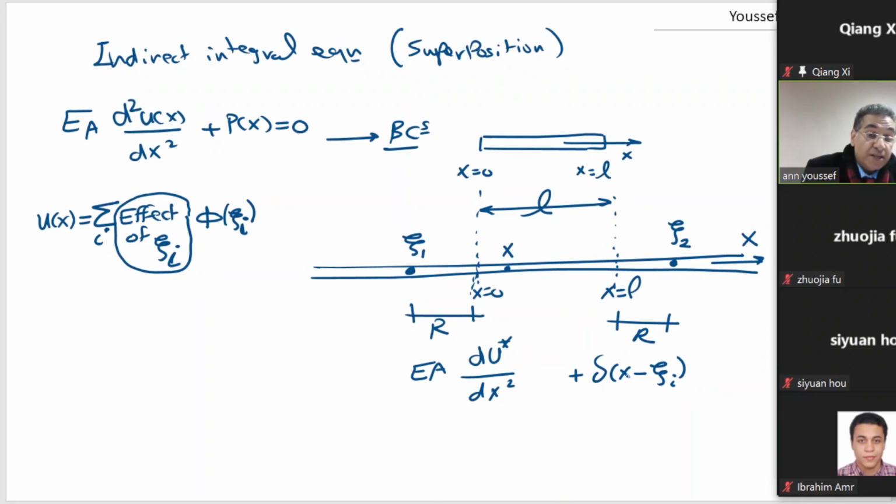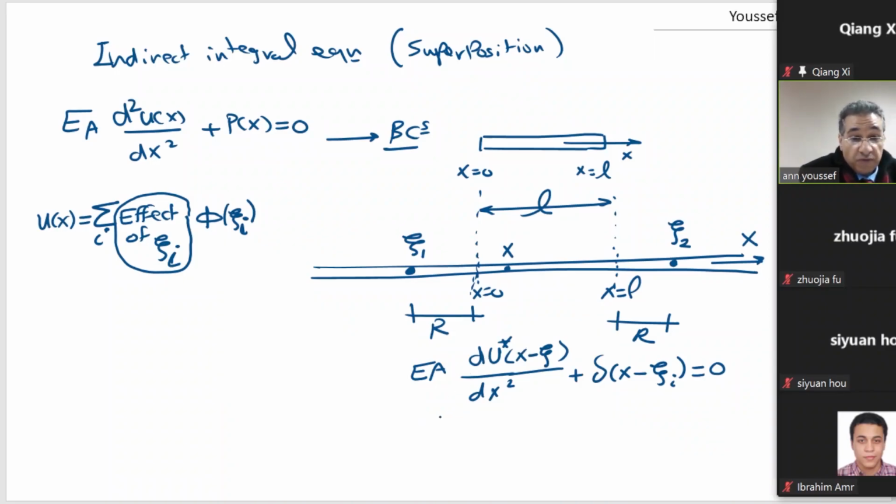It doesn't matter where the load is, and this is equal to 0. As far as I have two points here, x and xi, this u is dependent not only on x, but on x and xi. So it is a kernel now, it is not a function now.